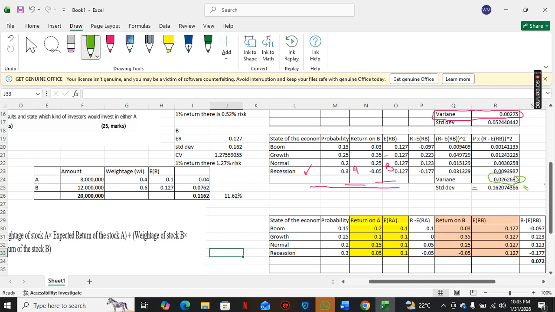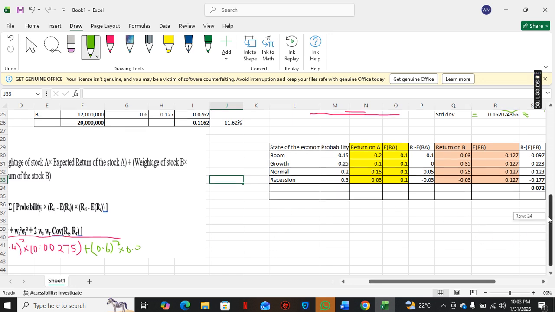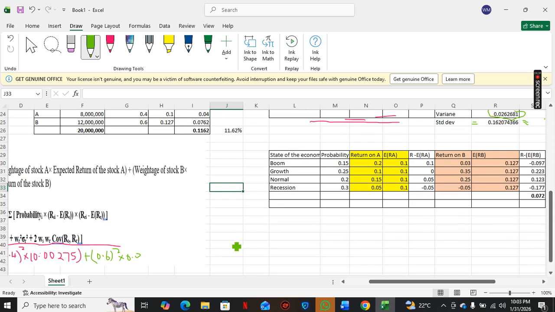For this standard deviation, you can just square it. 0.162, you square it, you still get 0.026.